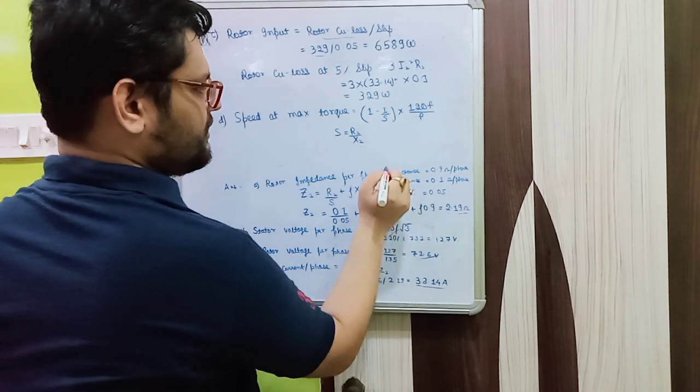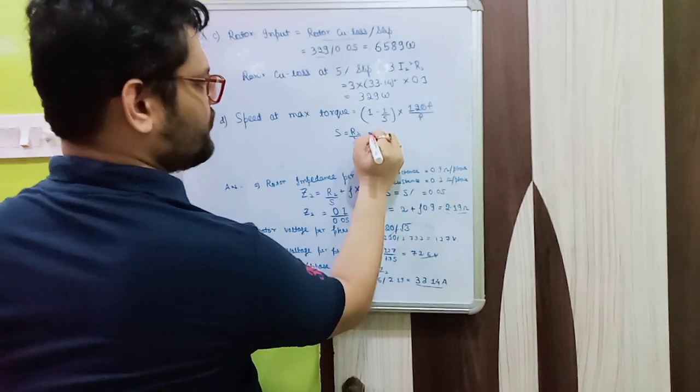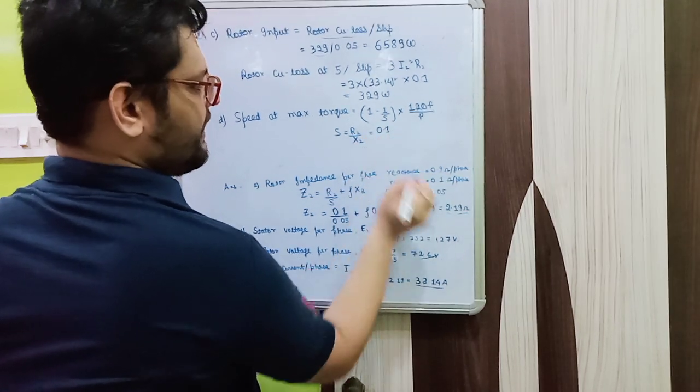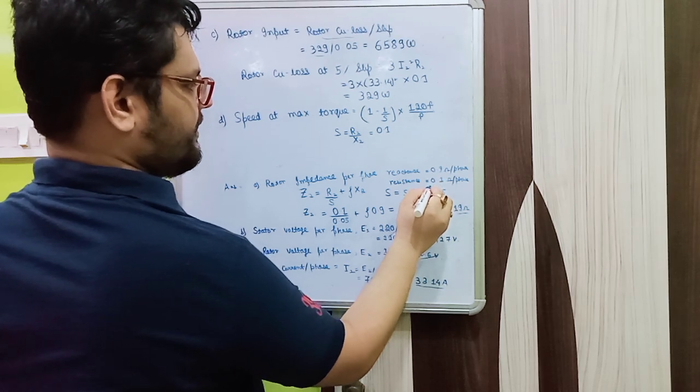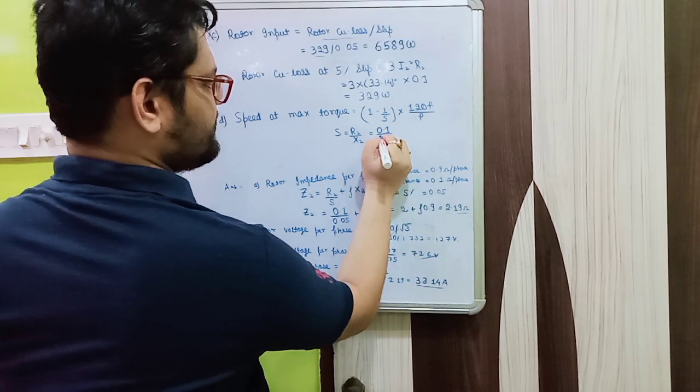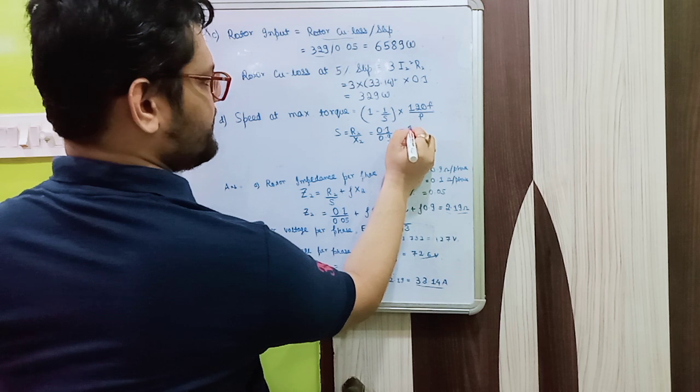What is R2? R2 is equal to 0.1, and what is X2 reactance, that is 0.9. So slip is equal to 1 by 9.